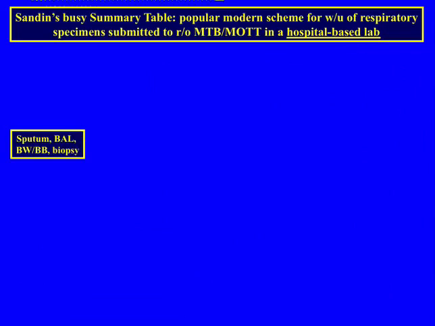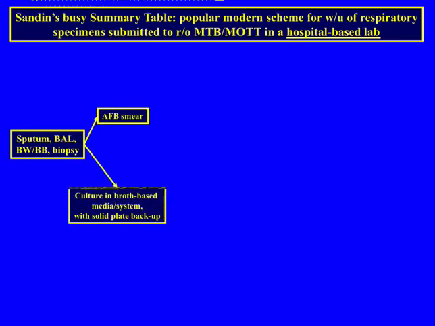So we receive a sputum, bronchoalveolar lavage, bronchial washings, brushings, or a biopsy in the laboratory. What now? We're going to homogenize it and treat it, and then do two things. Do an AFB smear and take the rest and use it for culture in a broth-based medium, because we're required by the CAP to have that, and then a solid plate backup.